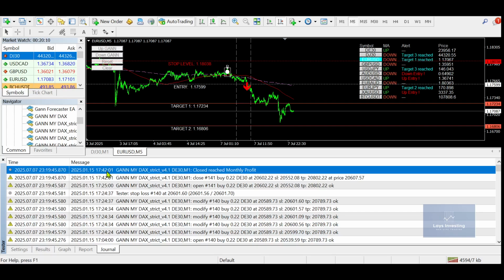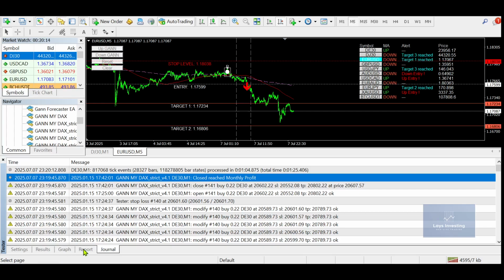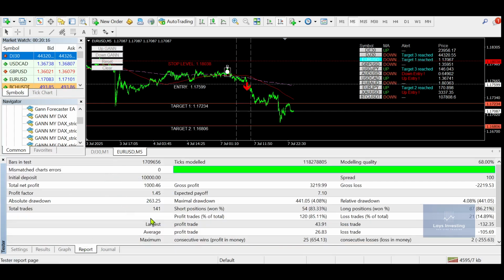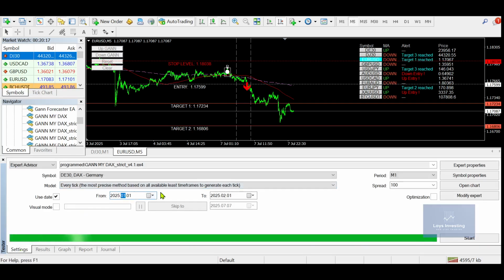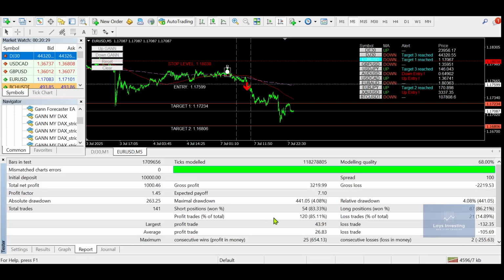So 15 January, after 2 weeks of trading, we got 10%. It's good, 4% drawdown, 1.45 profit factor is good. How much was the success rate? 85%.